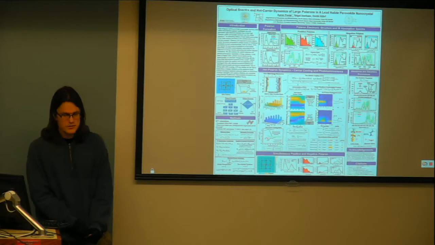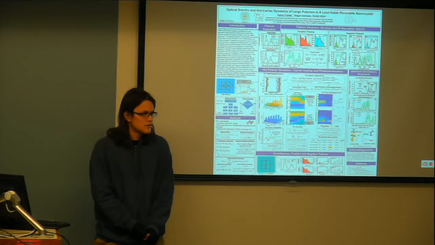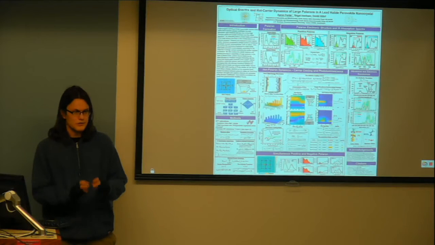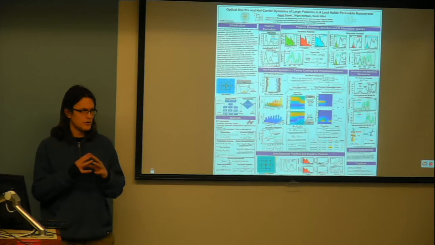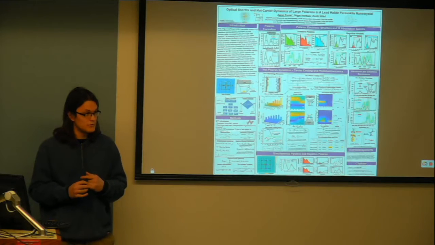So, first question: what's the meaning of large? Large is defined, so you can have two different limits. You can have a small polaron, where it's a charge trapped on a single atomic site, like a transition metal, for instance.